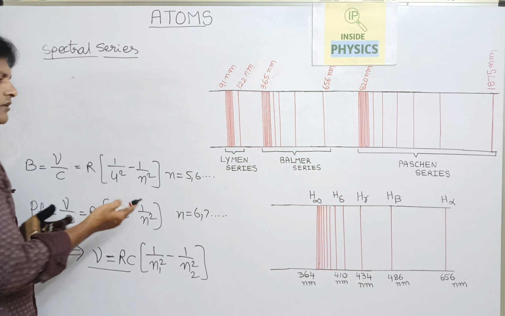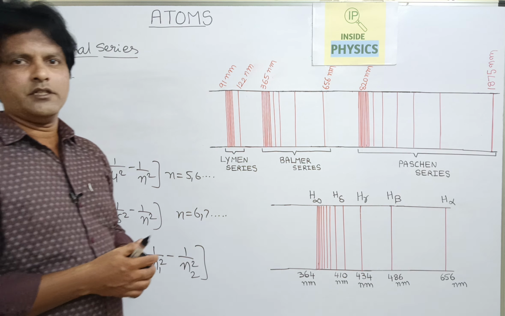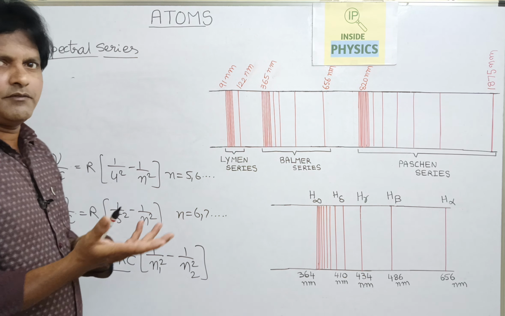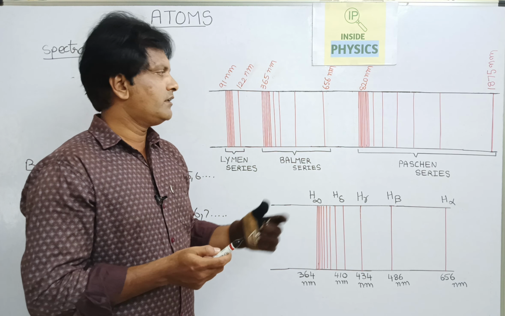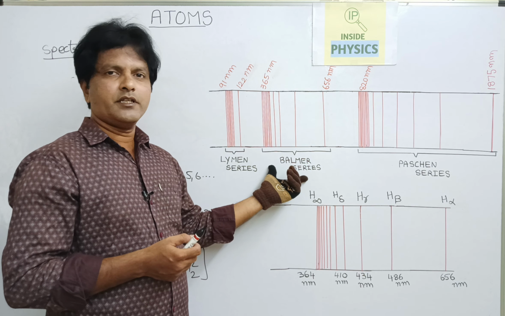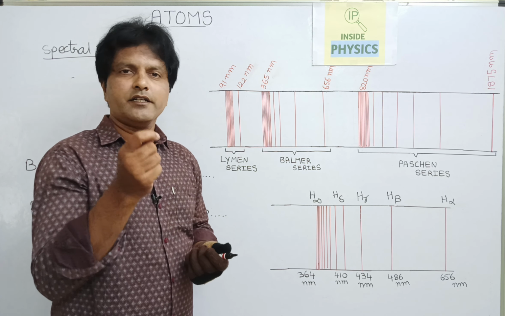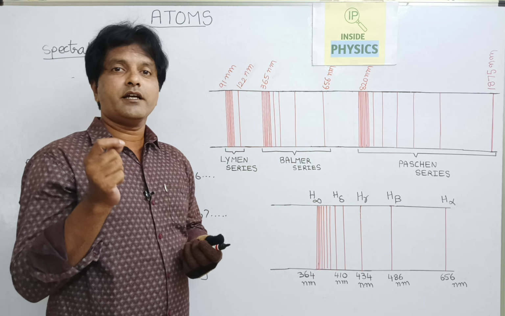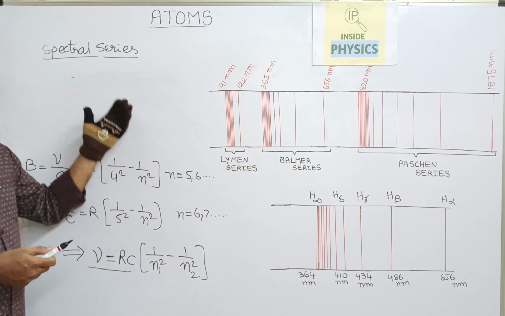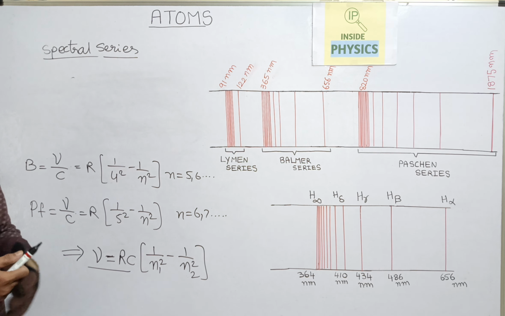This formula will not give any information on it. It is simply a relation which can give you the wavelength of the spectral line, and the interesting thing is that the characteristic spectrum is very useful in identifying and analyzing elements. So this is about atomic spectra and spectral series.